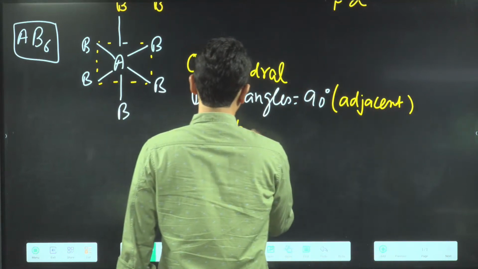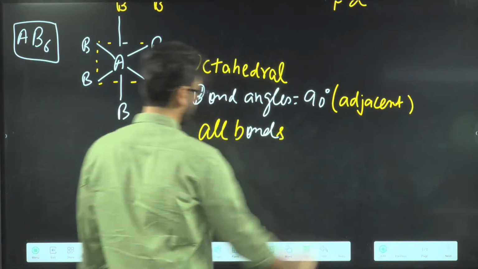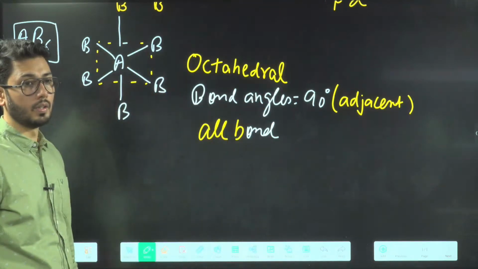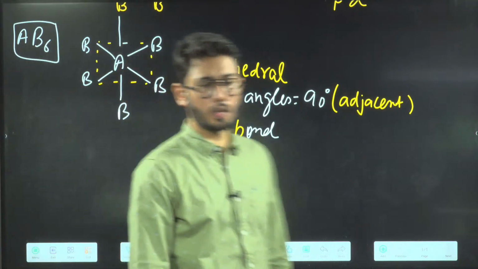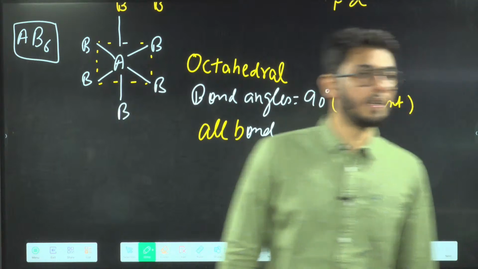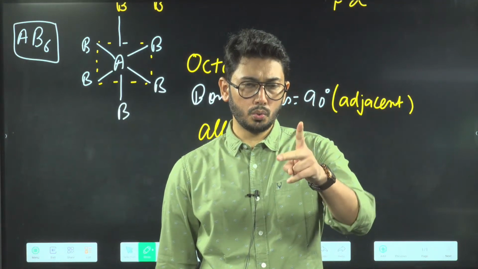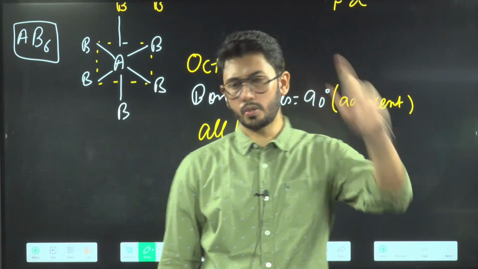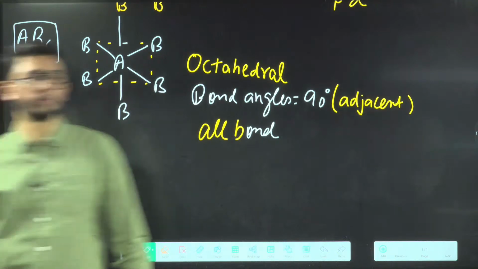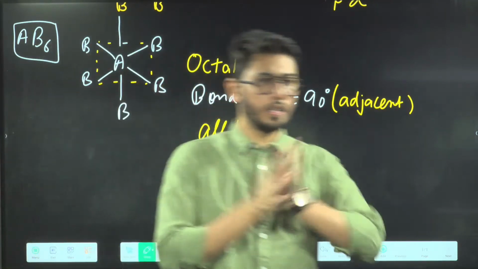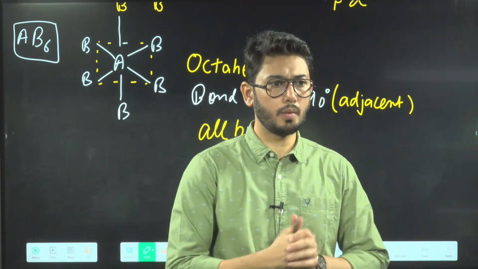All bond lengths same or different? Tell. Here bond length same or different, just like trigonal bipyramidal. Every student think about it. In trigonal bipyramidal we have 2 bond lengths. So here in octahedral, 2 bond lengths or one bond length? Hari saying same, Kavita same, Manish, Vijay same. Other students think about it.